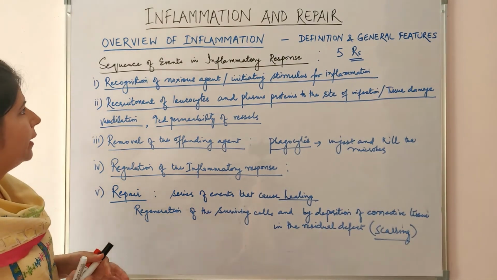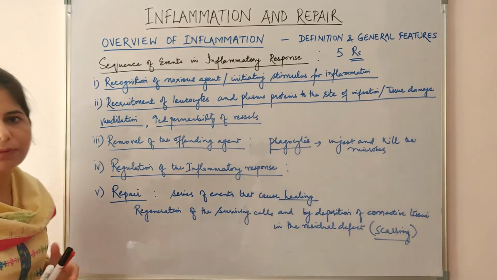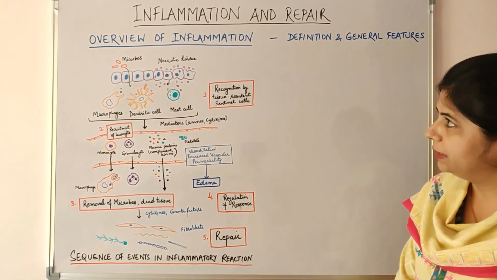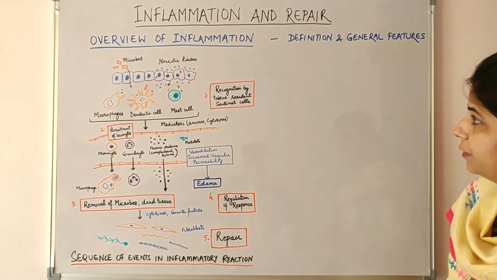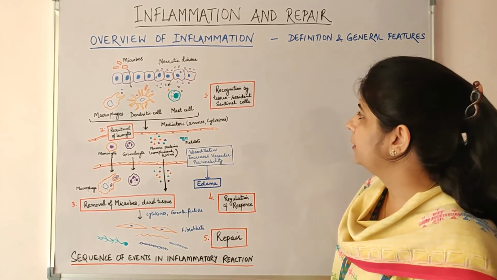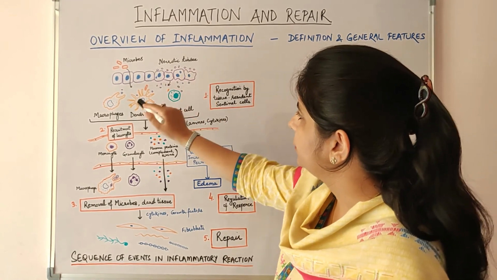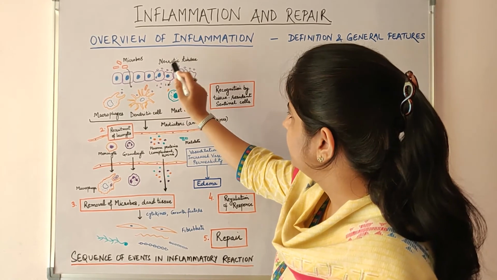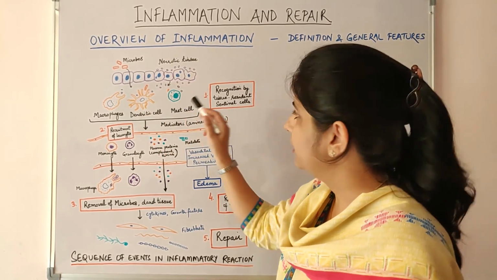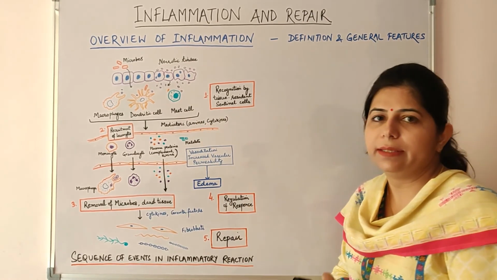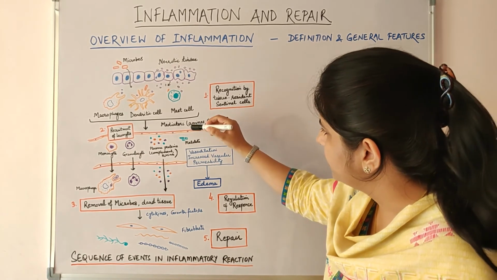Now with the help of a diagram, we understand these 5 steps. This is the diagrammatic representation of the sequence of events in the inflammatory reaction. The first step is recognition by the tissue resident sentinel cells. The microbes and the molecules released from the necrotic tissue are recognized by the macrophages, dendritic cells and the mast cells, and there is release of some mediators like histamine and cytokines.